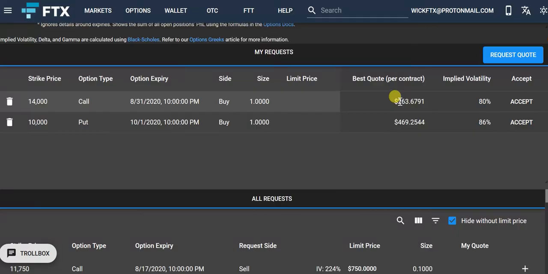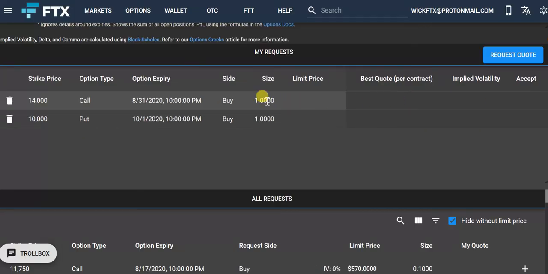So this cost us $263 because it's for one full Bitcoin. But now if we had to put, let's say, just a tenth of a Bitcoin, this quote would still show $263. But because it's a tenth, you'd be paying a tenth of that price. I hope that makes sense.